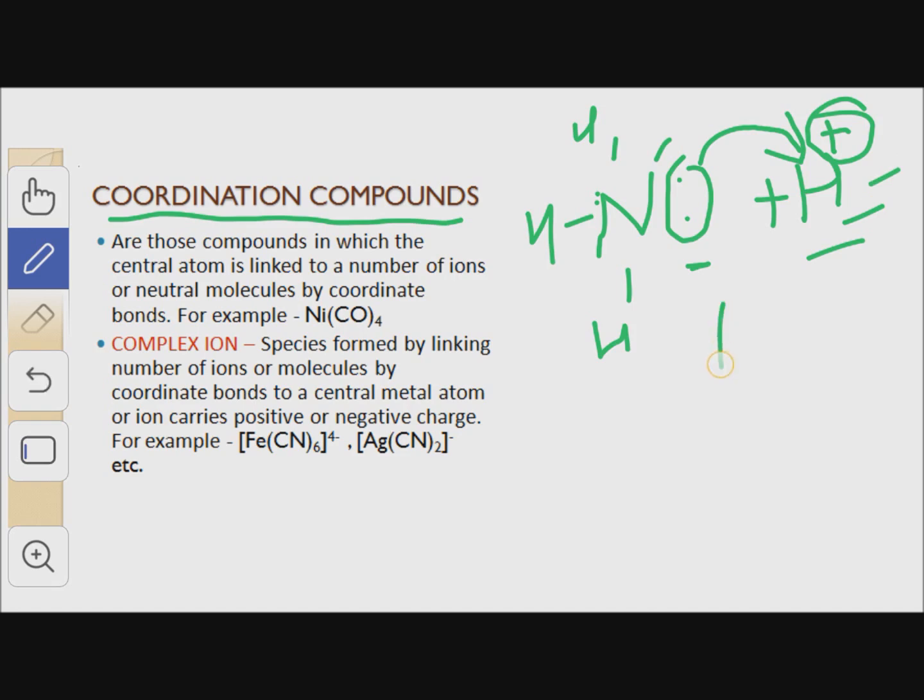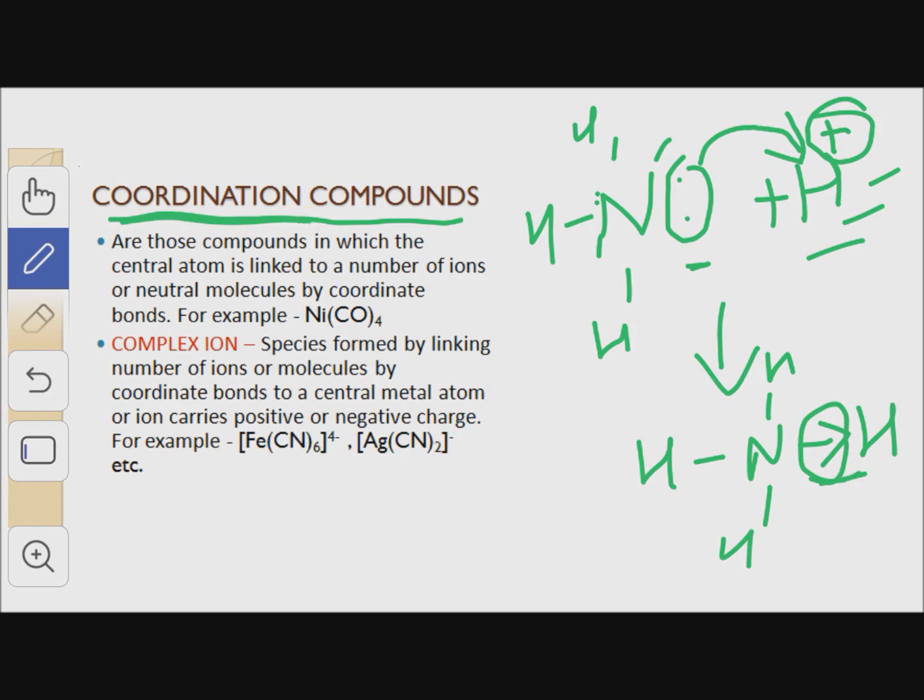This forms the coordinate bond, which is represented by an arrow. This arrow represents the coordinate bond, and this type of bond exists between the atoms of coordination compounds.